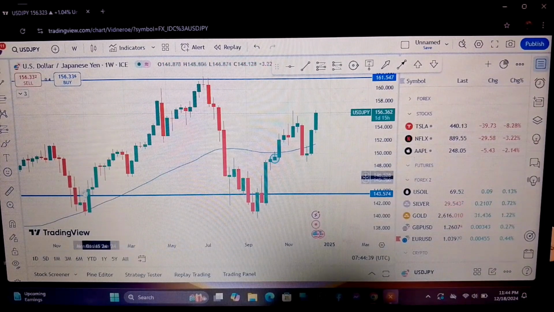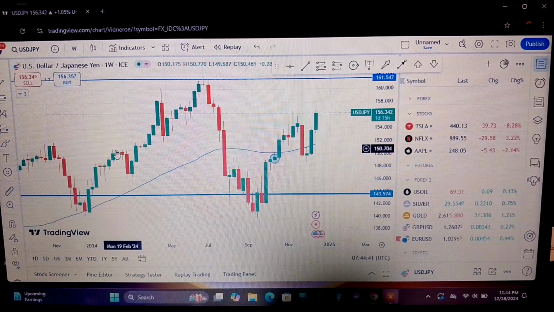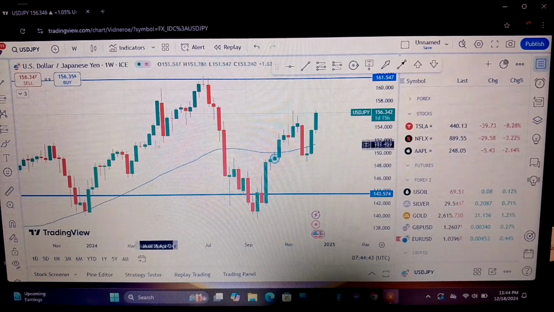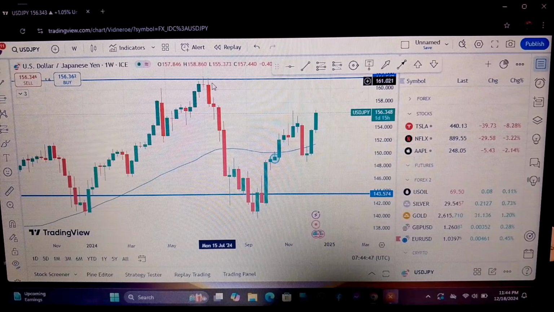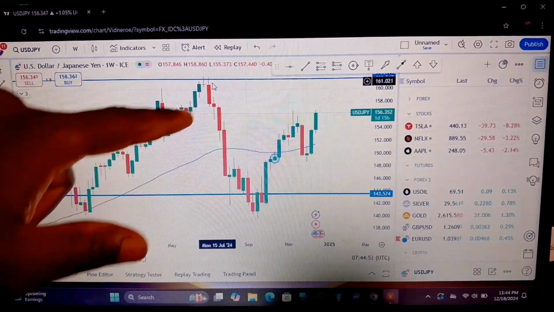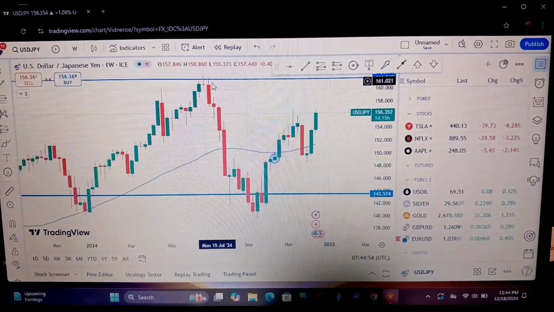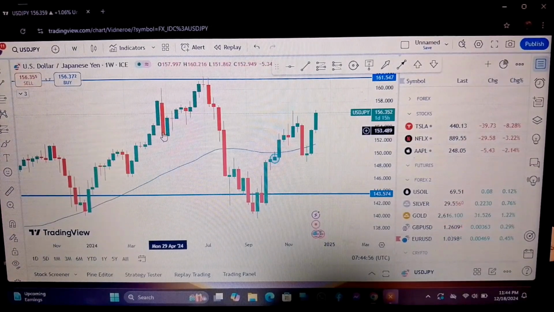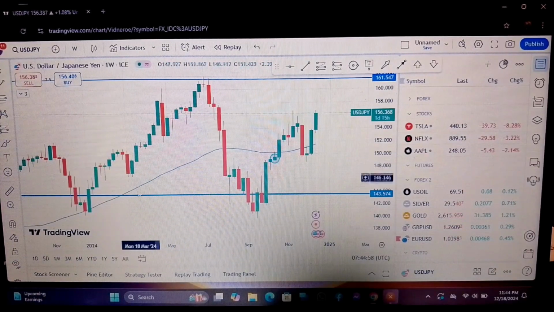This is a low, this is a high, this is a low, this is a high. So technically we were in an uptrend at this particular area, until we had this first low and second low taken out.